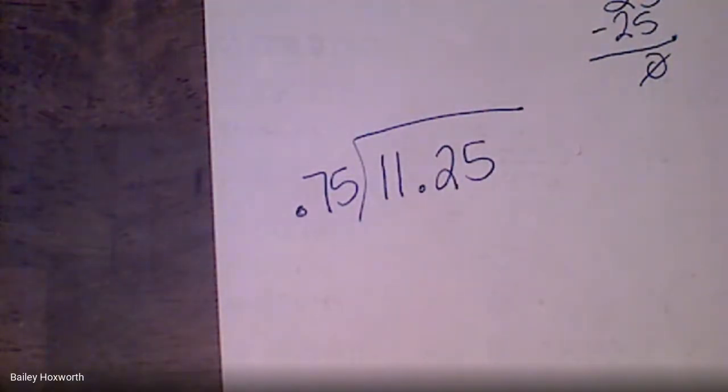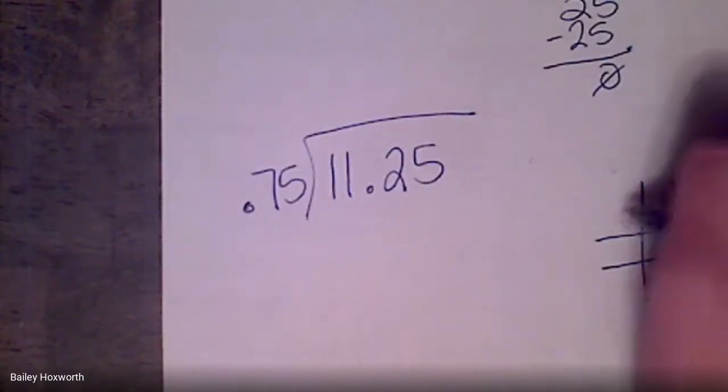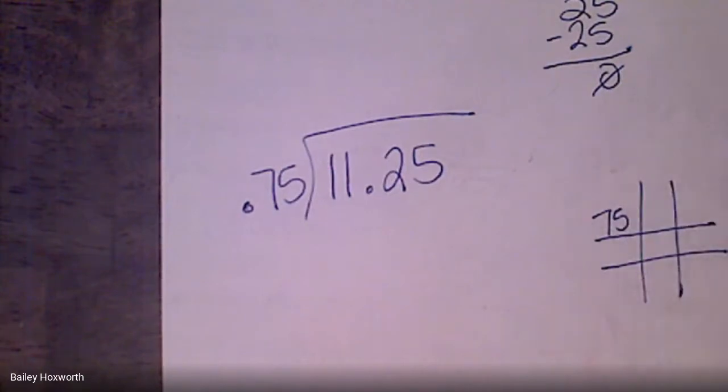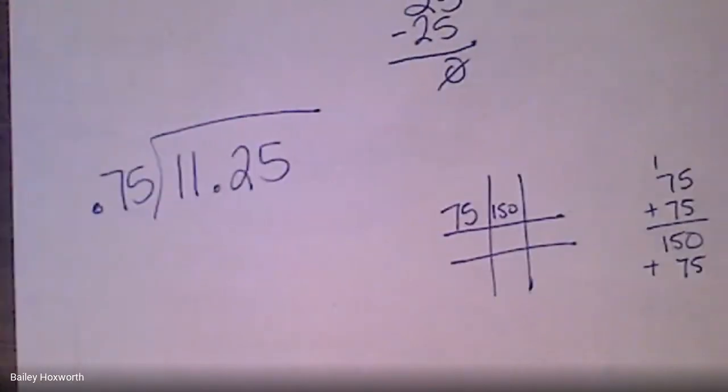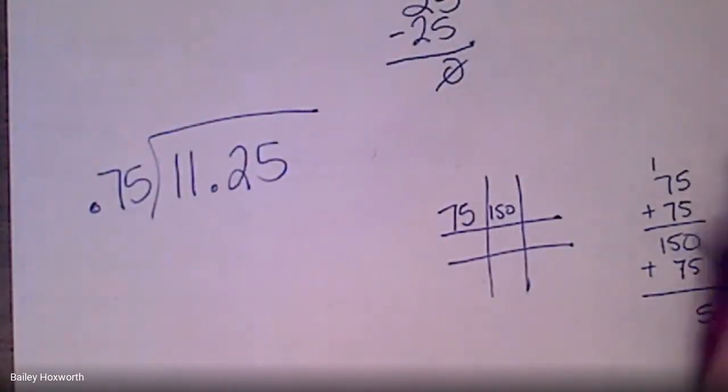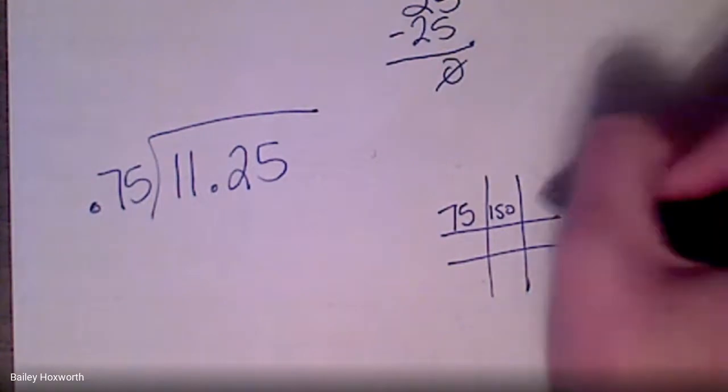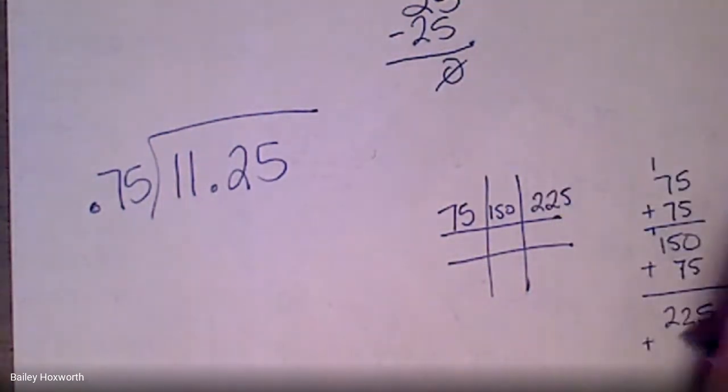First thing I need to do is make a hashtag, and I need to list the multiples of 75. 75 plus 75 is 150, plus 75 more is 225. Let's do it one more time: it's 300.